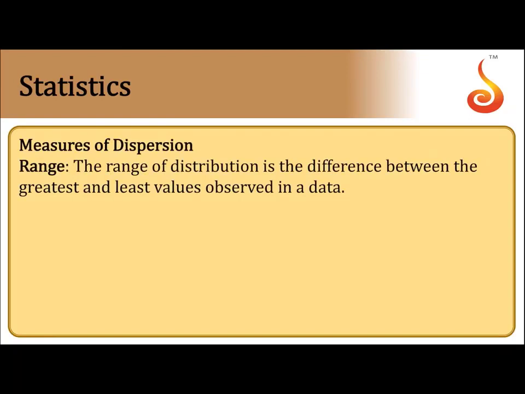So statistics, the first basic one. In measures of dispersion, the first measure of dispersion is the range. What is meant by range? If you are given data x1, x2, x3 and so on up to xn, the difference between the largest data and the least data is called the range.